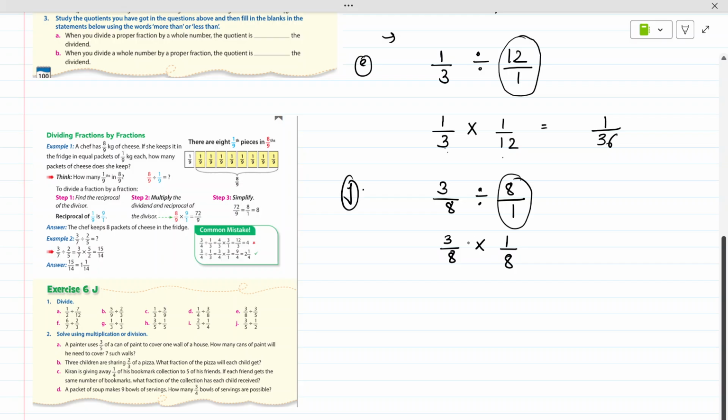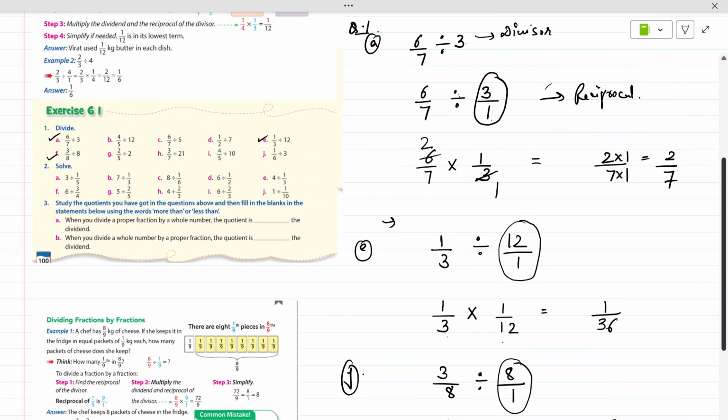And now when we see, this is the lowest form, this is the lowest form. Across also they do not have common factor, and here also. So what is this going to become? This will become 3, and now here it will become 64. 3 by 64 is the answer. Okay, so this is also done.